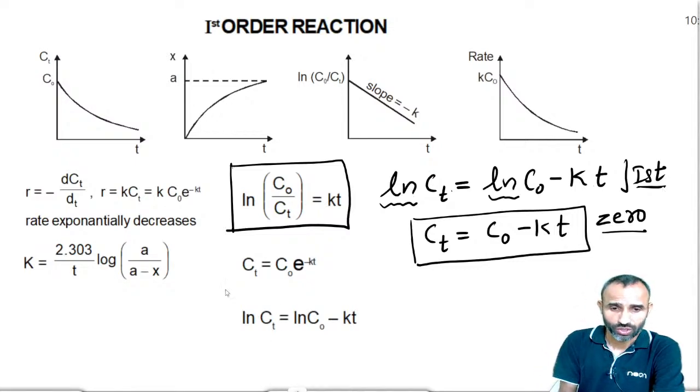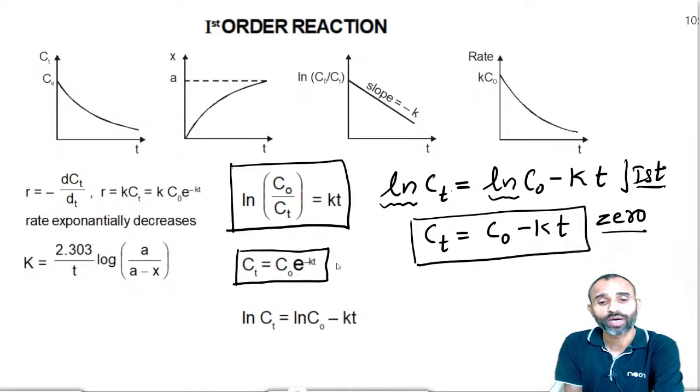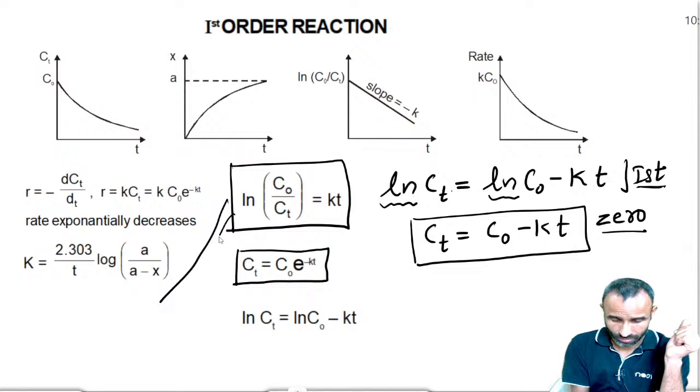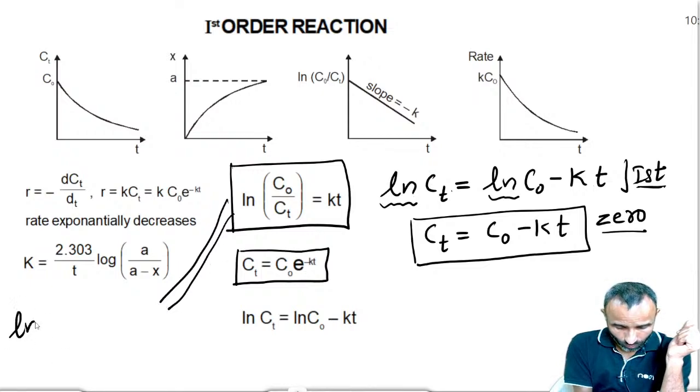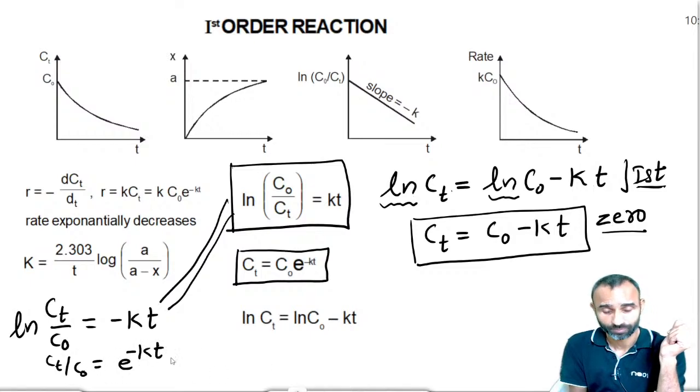Also Ct equal to C naught e raised to power minus kt, because if we write it inverse, it comes out to be minus kt. Ct by C naught equal to e raised to power minus kt.